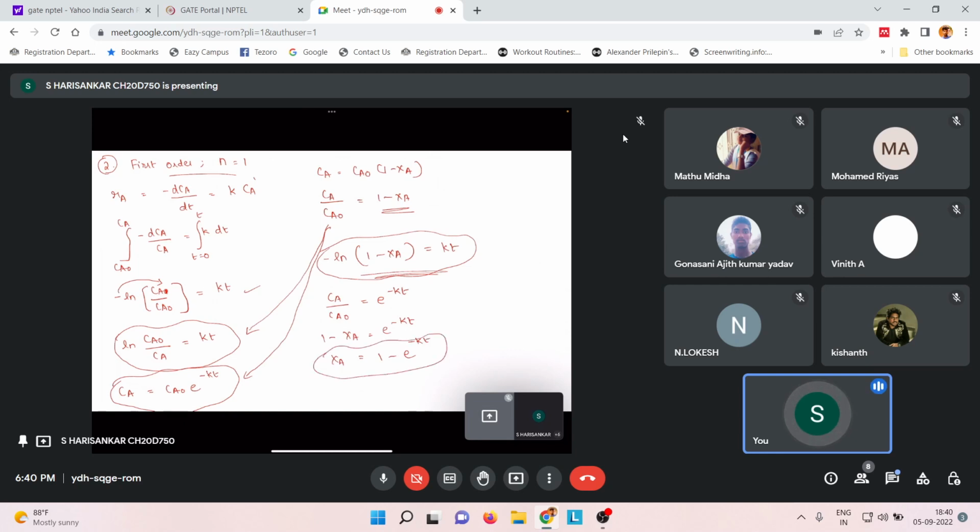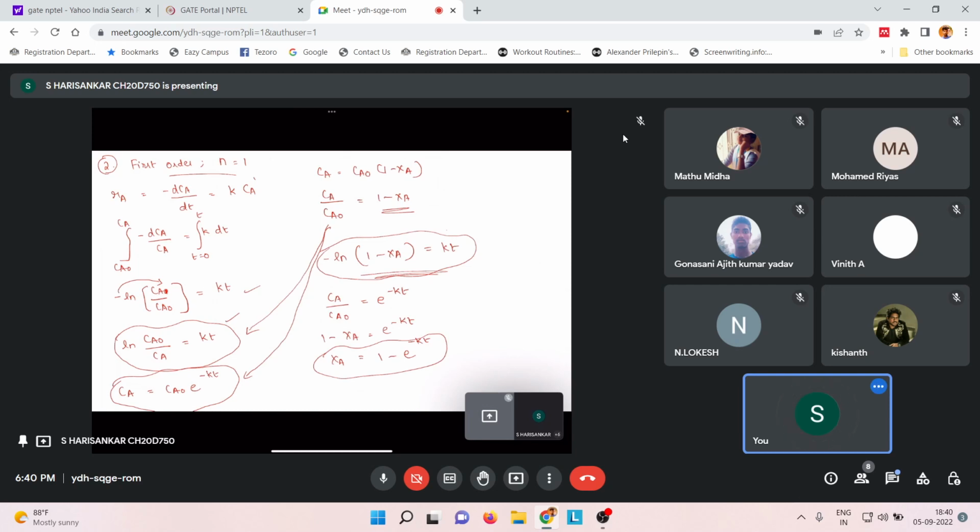So you can do a lot of these mathematical manipulations to get various different forms of this first order equation. But the most generally used form is this in terms of concentration, and this in terms of the conversion.